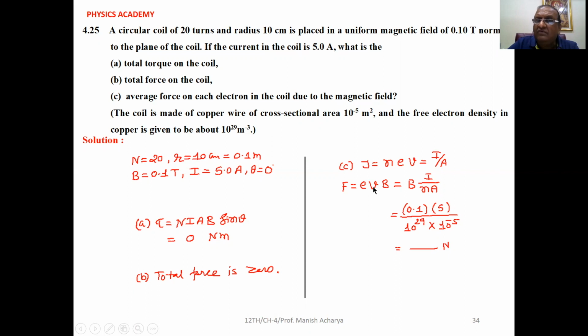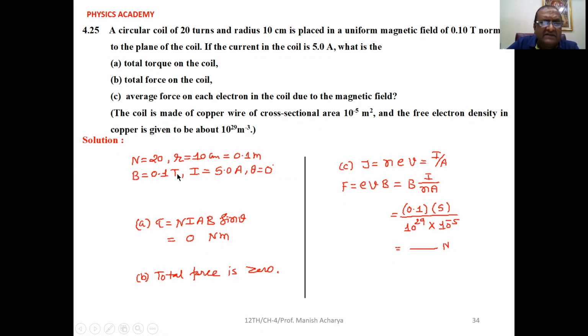Substitute the value of v from this one, so that is I upon nеA, or simply you can substitute the value of ev directly, so that is I upon nA, times B. Now B is given to you as 0.1, current I is given to you as 5, and n, the number density of electrons, or the number of electrons per unit volume, is 10 raised to 29.